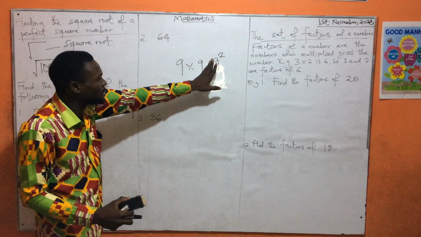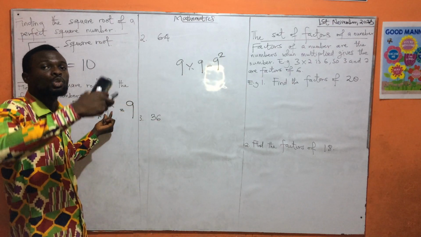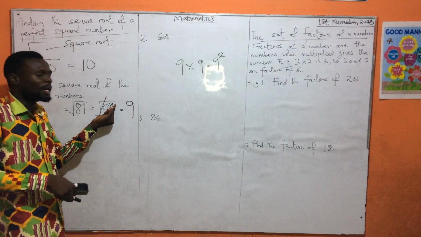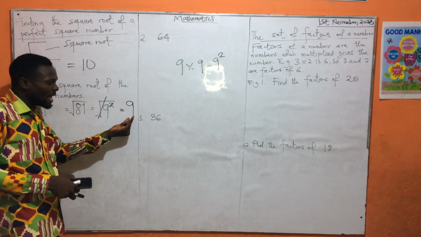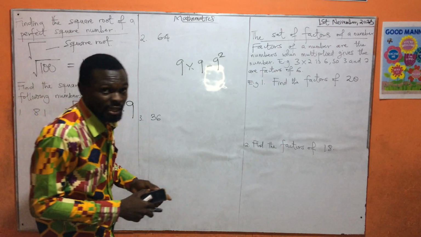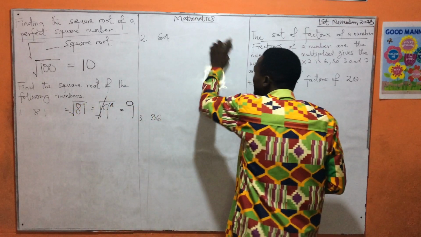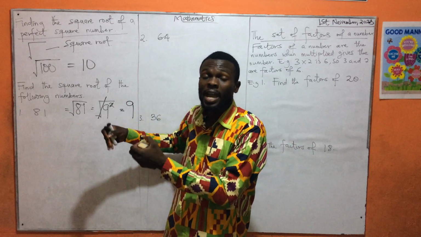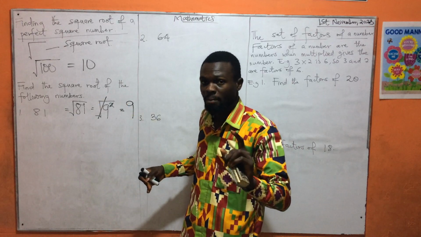So 9 times 9 is the same as 9 squared. So the square has the power to cancel the square root, and we are therefore left with 9. So this is the other way that we can find the square root of a perfect number.